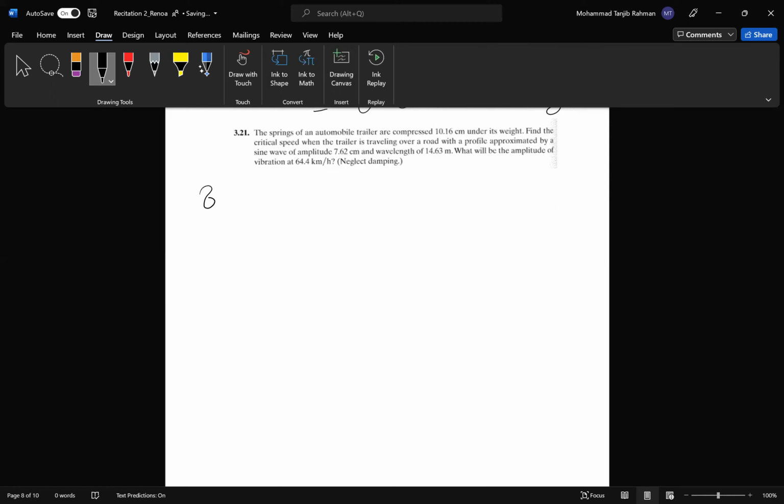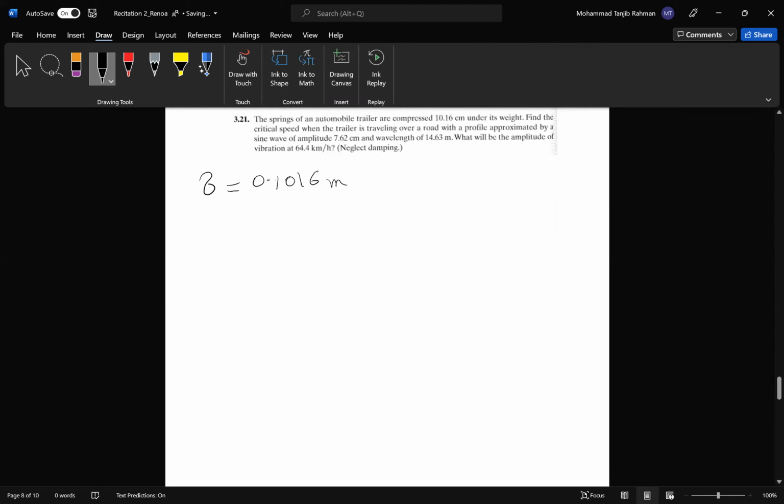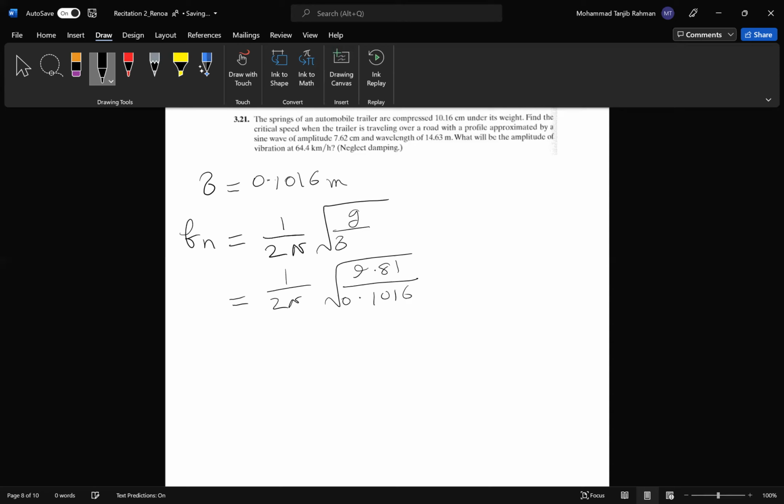So delta is equal to 0.1016 meter, and so from that we can find the frequency, and I will write this as fn equals 1 by 2 pi root of g by delta, and that would be 1 by 2 pi root of 9.81 by 0.1016.